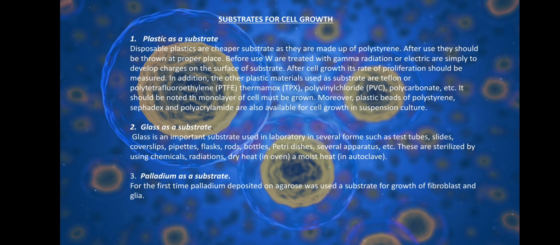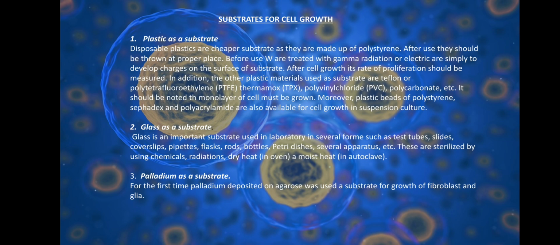Next, what are the substrates used for the growth of cells, or what artificial surfaces are required for the growth of a cell? Mainly there are three different substrates used in cell growth. First one, plastic. Disposable plastics are cheaper substrates and they are made up of polystyrene.